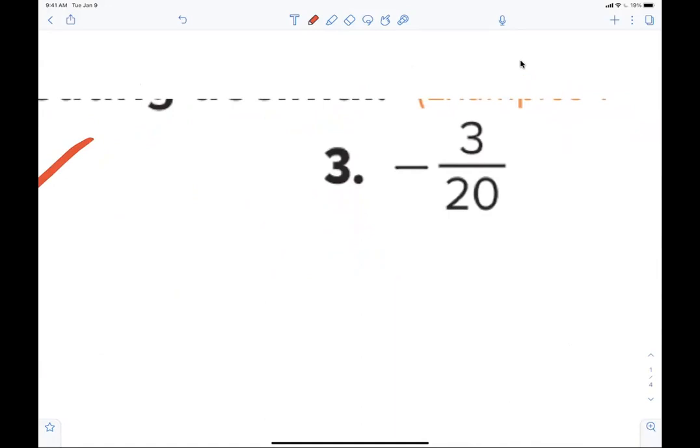Because remember, we want it out of 10 or out of 100 or something like that. All right, and then we know the answer, right? So here, if I multiply by 5, that gives me 15 over 100. So 15 over 100 is the same as what decimal? 0.15. And don't forget the negative.